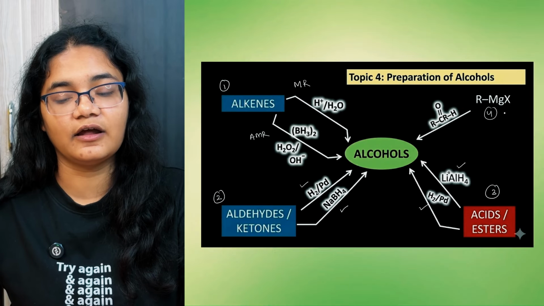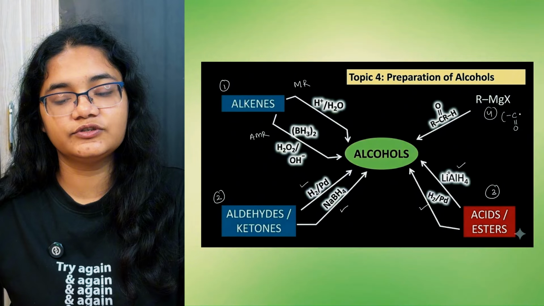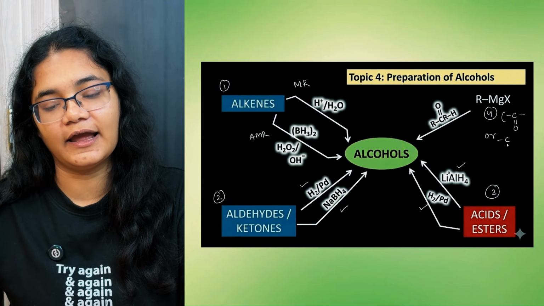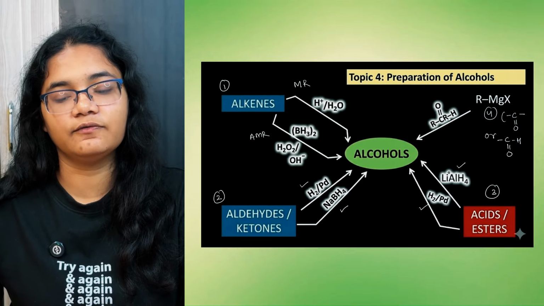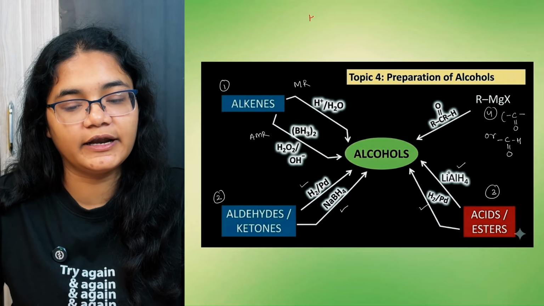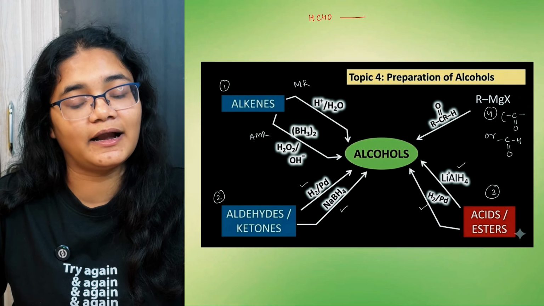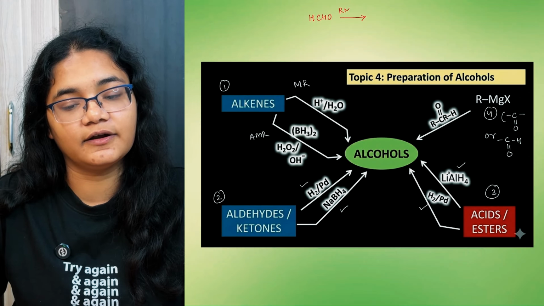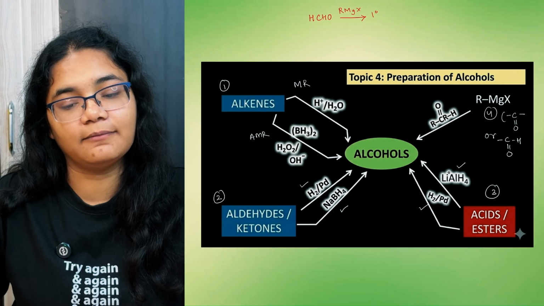Now the fourth one is your Grignard reagent, RMgX. If you treat this Grignard reagent with ketones or with aldehydes, then you will get alcohols. But here there is one thing that you should remember: if you treat HCHO, that is formaldehyde, with Grignard reagent, that will give you primary alcohol.